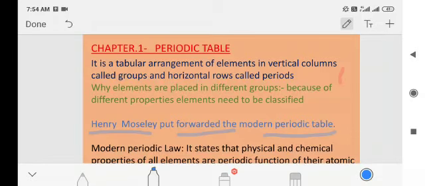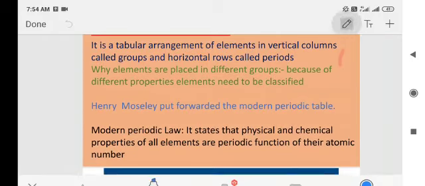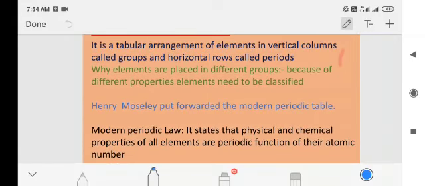The second one was Newlands' law of octaves, and the third one was Mendeleev's periodic table. In all those three cases, elements were arranged based on the atomic mass. But see the difference.